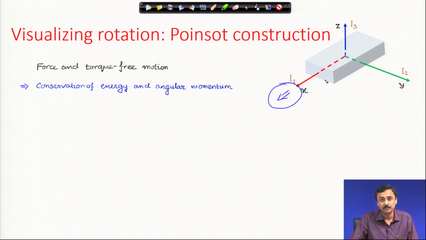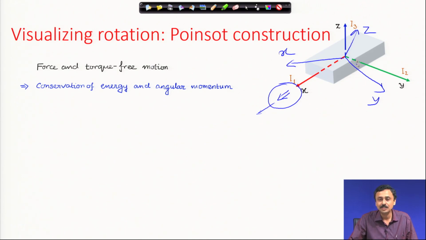Remember, the frame is body fixed, the frame can reorient itself. But the angular momentum vector is going to remain the same in the same direction as seen by an inertial observer. That is not going to change, which means that the angular momentum will have varying projections in the three directions, and this is key to this visualization.